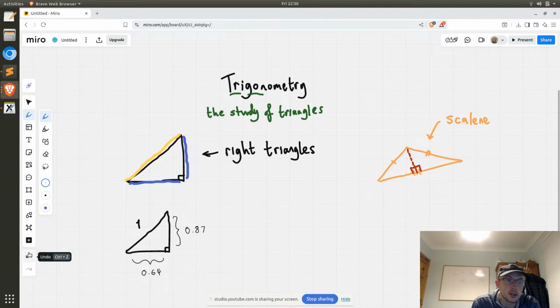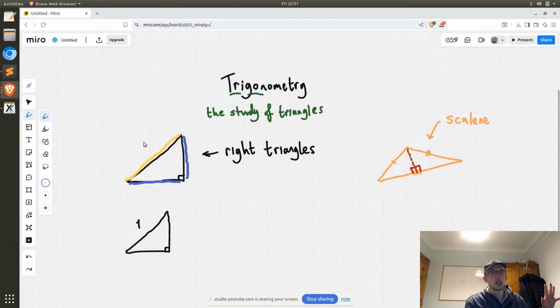Now, we understand why our focus is here, right? So many possible shapes out there, so many possible things that you could consider. Why are we looking just at this? Because once we unlock these things, we unlock all right triangles. And once we unlock all right triangles, we unlock all other triangles.